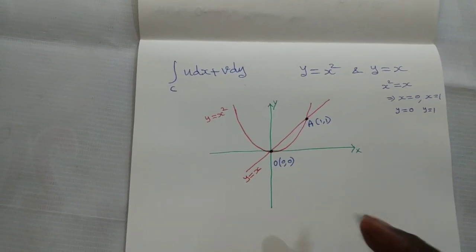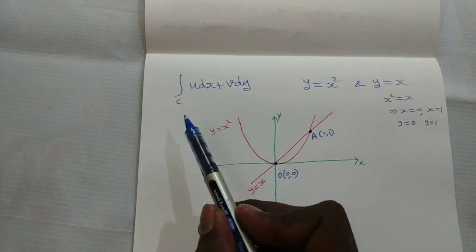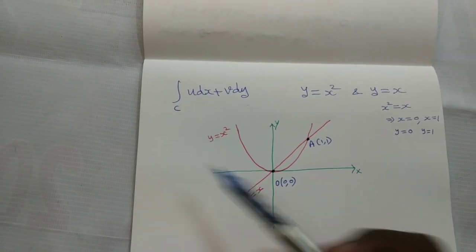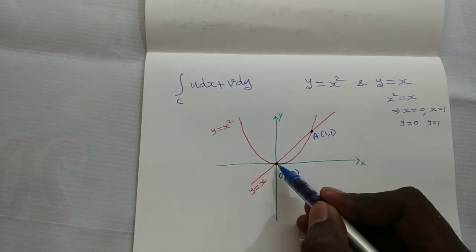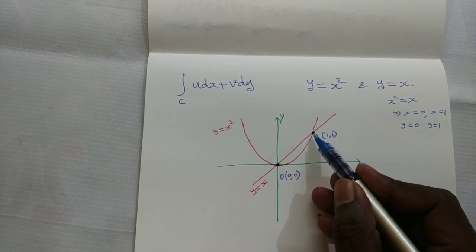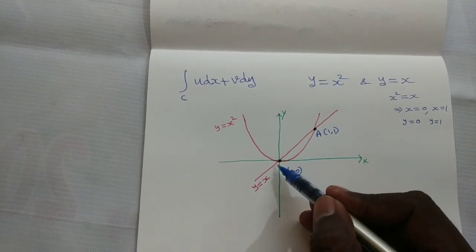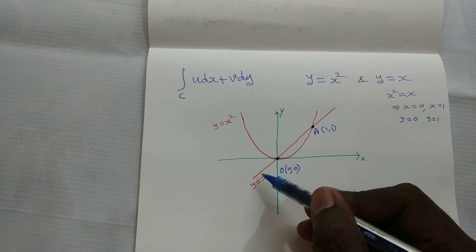Now I am going to find the LHS of Green's theorem. The LHS is a line integral, and this is the closed region. So the integral over C is along OA and along AO. Along OA is the parabola, along AO is the straight line.